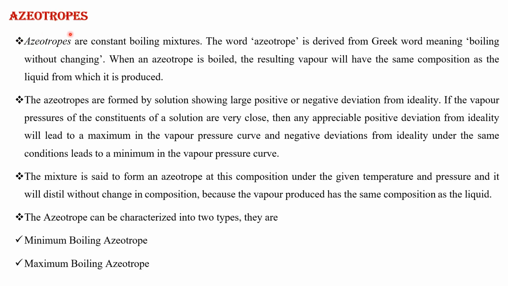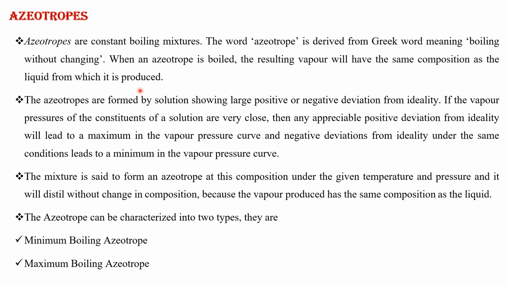And here we are going to see the example for non-ideal solution, which is azeotrope. This is the best example for the non-ideal solution. And then what is meant by azeotrope? Azeotrope is a constant boiling mixture, which means the solution boils without changing in composition. When an azeotrope is boiled, the vapor has the same composition as the liquid from which it was produced.